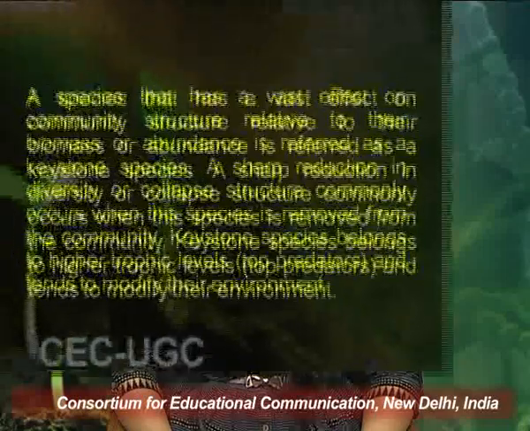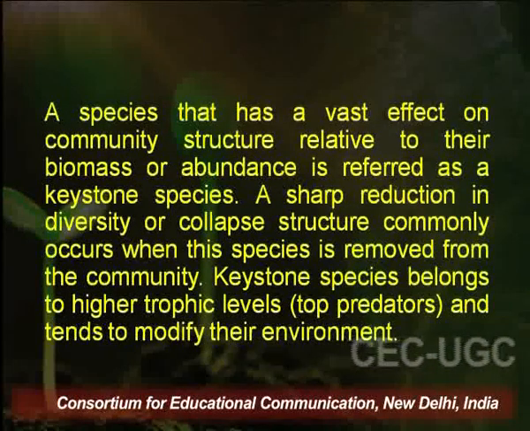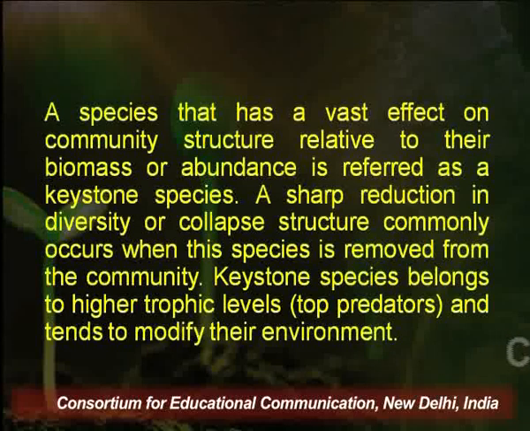A species that has a vast effect on community structure relative to its biomass or abundance is referred to as a keystone species. It is not that the largest or the biggest of the plants form the keystone species.